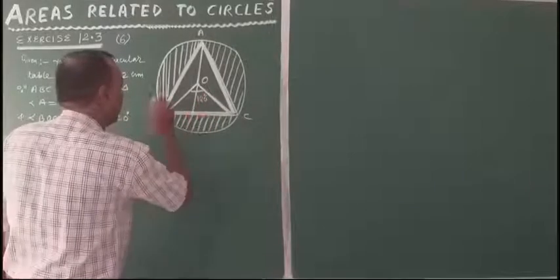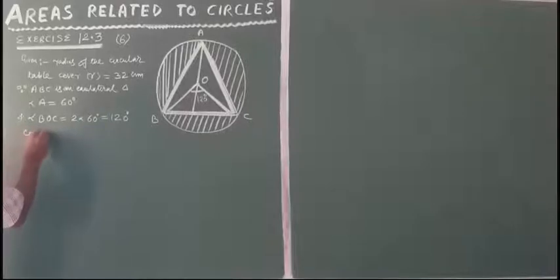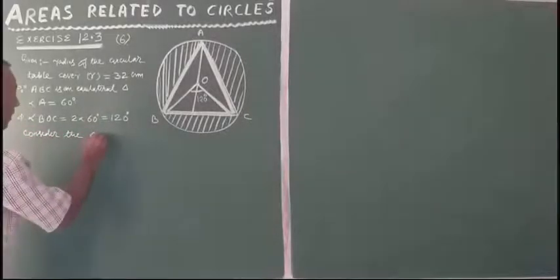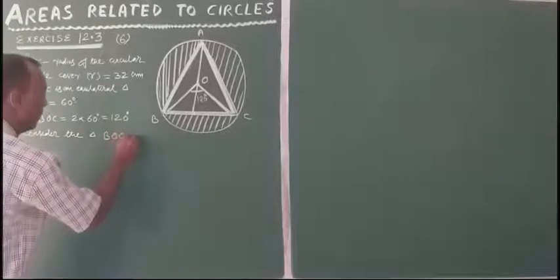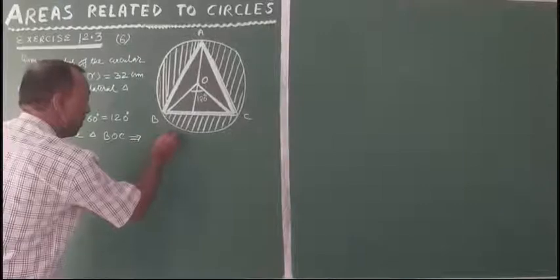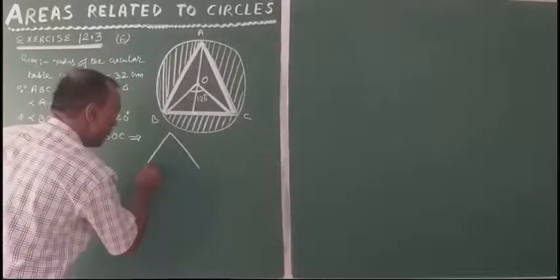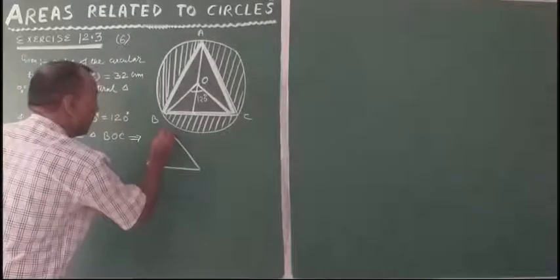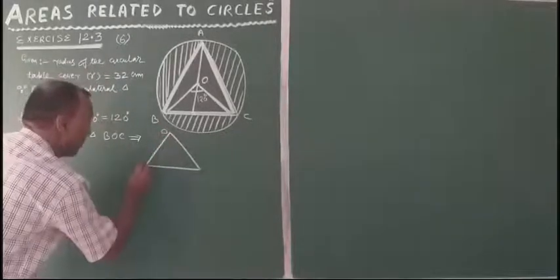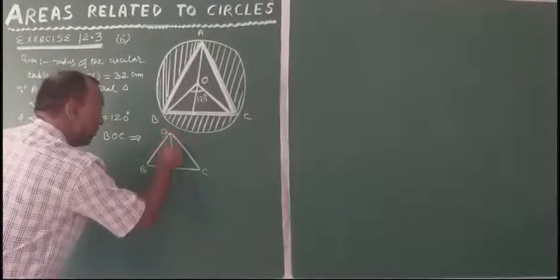Okay. Now consider this triangle BOC. Just look here. This is point O, this is B and this is C. Construct this perpendicular.